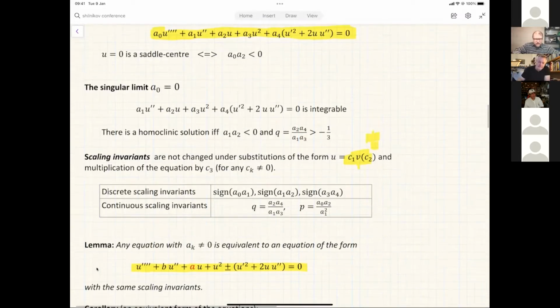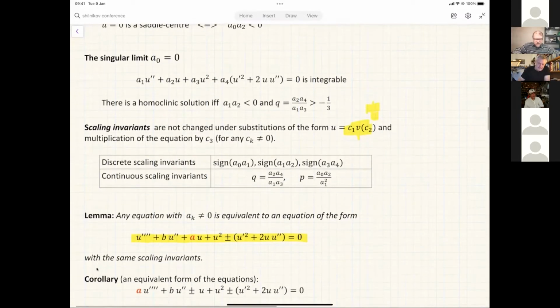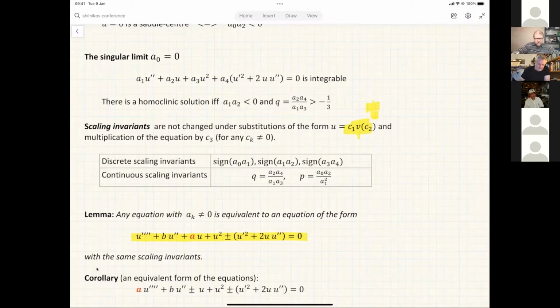But we can also do a different thing. We can move A from the first place in front of U to a place in front of the highest derivative. If we look at the second form of the equation, at the bottom of the screen, A equal to 0 corresponds to an integrable equation, which may have a soliton.